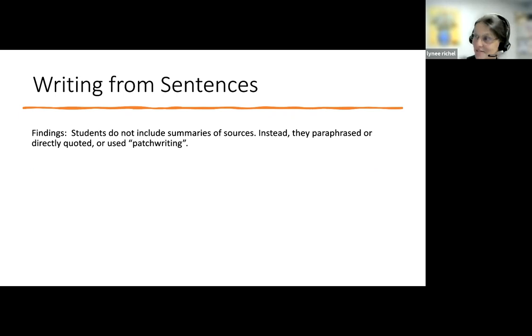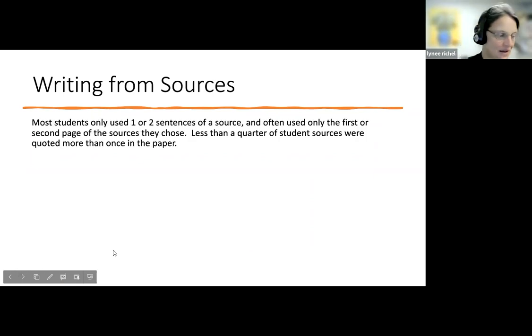And in 70% of the citations that they analyzed, they only used page 1 or page 2 of the article or book chapter they were looking at. 76% of the citations have the sources quoted only once or twice, and 52% of the papers use something called patch writing, which they identify a little bit later.